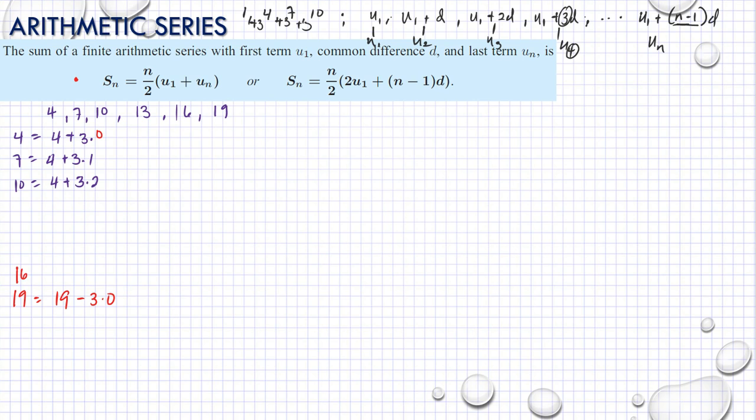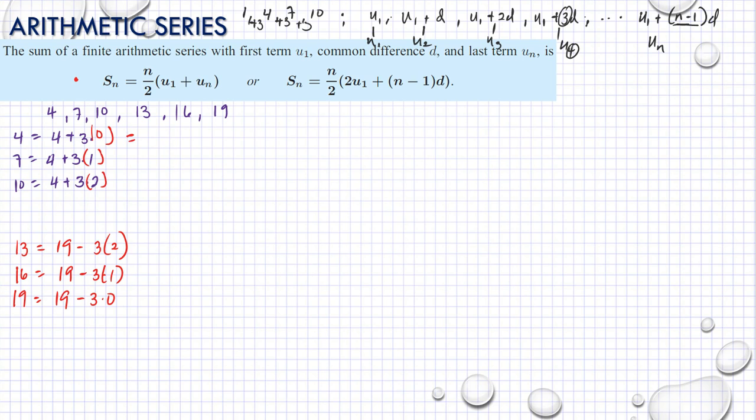For 16, I can have 19 minus 3 times 1. Oh, sorry, I'm using the Swedish way of writing. For 13, then we have 19 minus 3 times 2. So I have two ways of writing this.